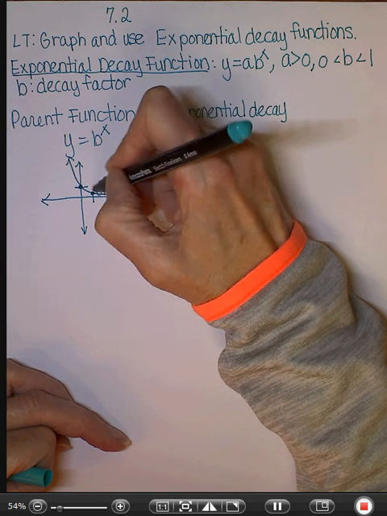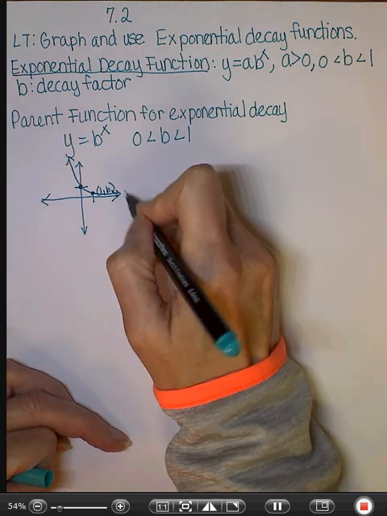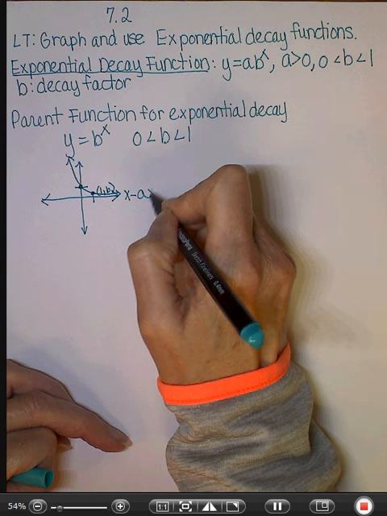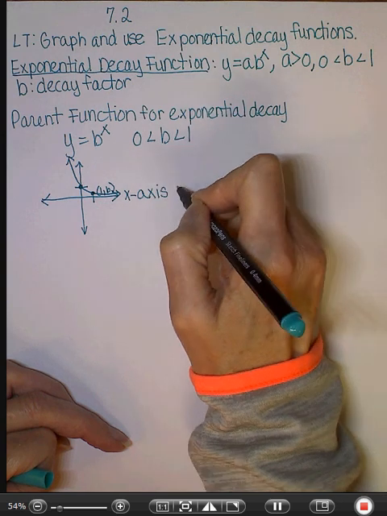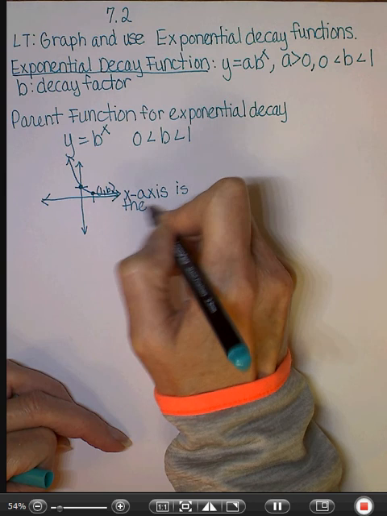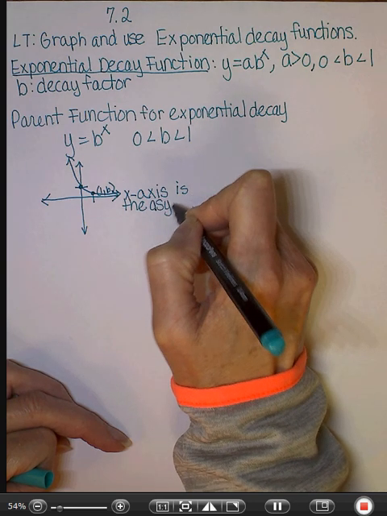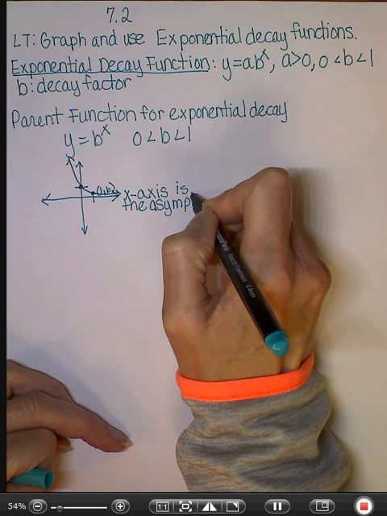So our values are decreasing as x increases. And just like before, the x-axis is our asymptote. Remember, this is the line that the graph approaches more and more closely, and in this case does not cross.